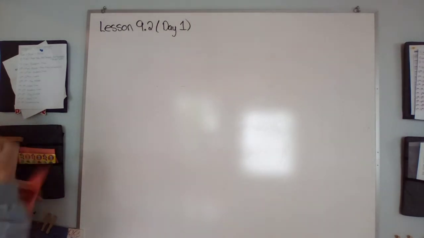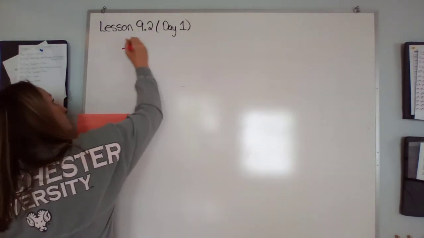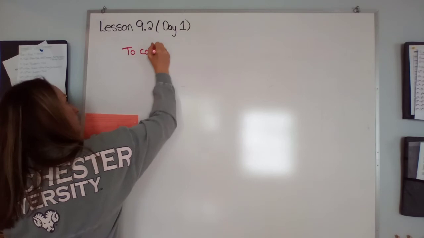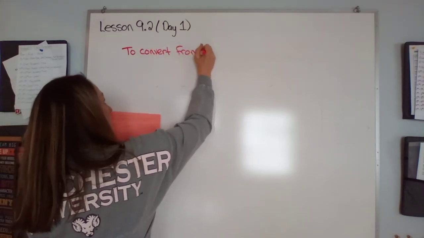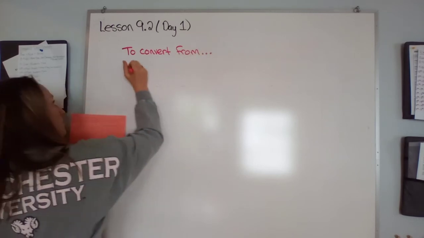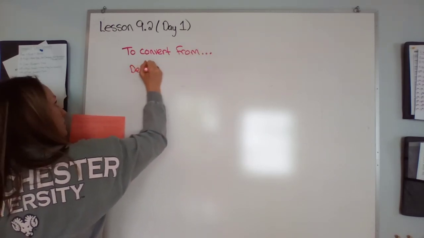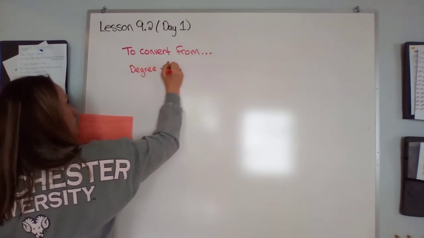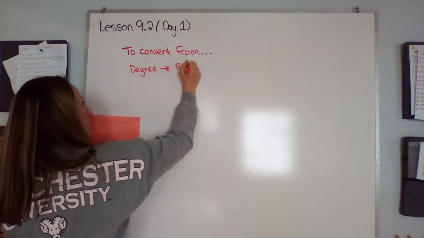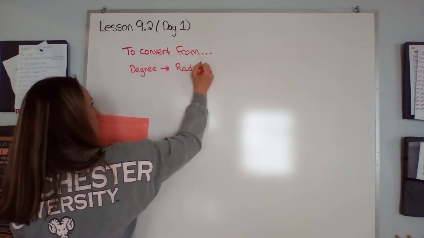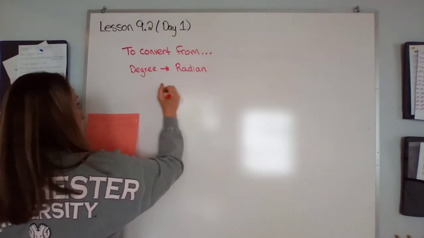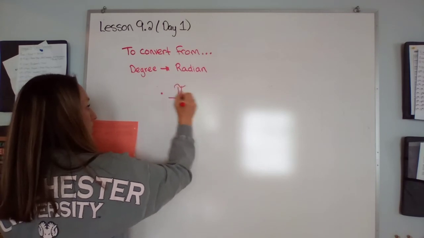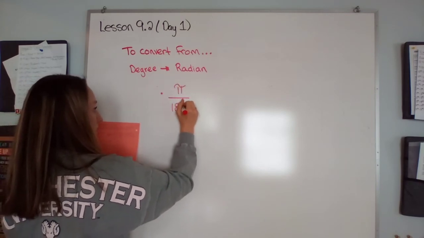So to convert from degree to radian, you're going to multiply by pi over 180.